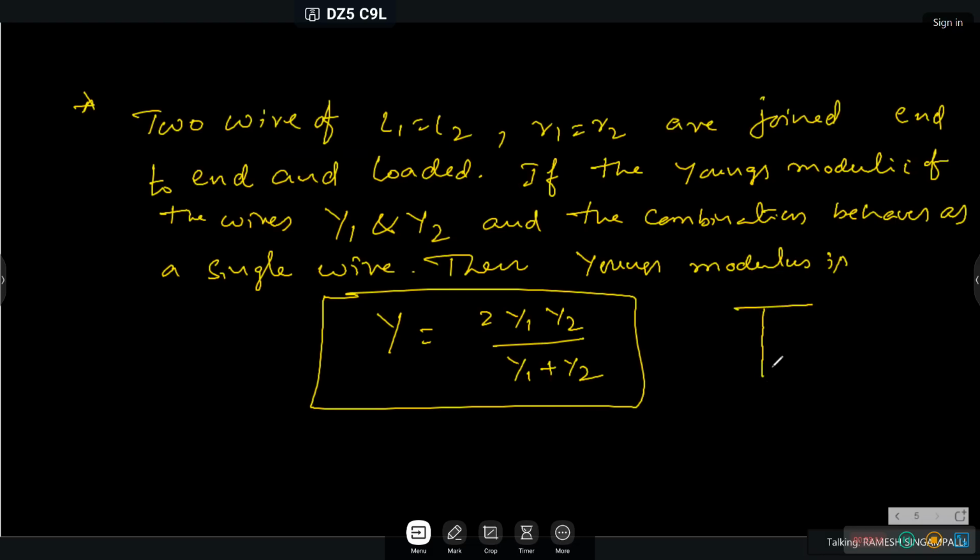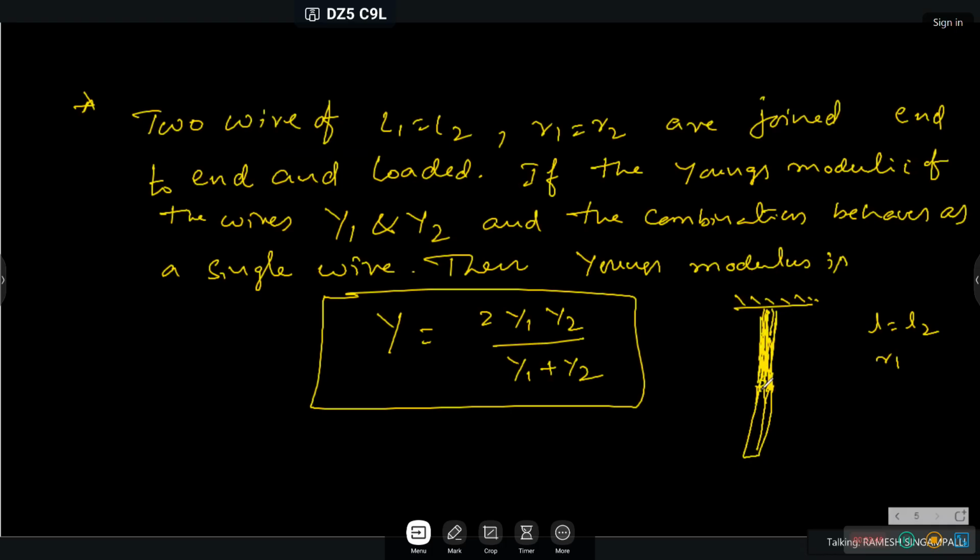This is one wire, this is another. L1 is equal to L2, R1 is equal to R2, they have given us. My radius is also same, so area of cross section should also be same.